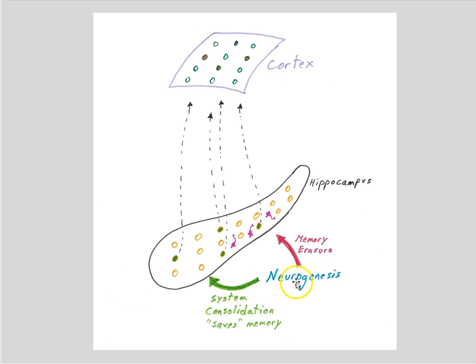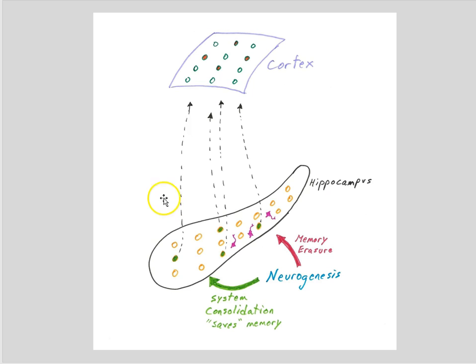So we can think then of neurogenesis as possibly doing two things that seem contradictory, but if they're done efficiently and effectively, they go together. On the one hand, neurogenesis may be triggering system consolidations, so hippocampal memory traces are being used to strengthen cortical memory traces. But the very integration of the new neurons into the hippocampus is erasing the hippocampal memory traces. But the two can coexist.